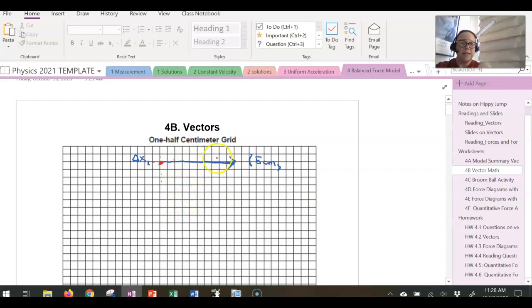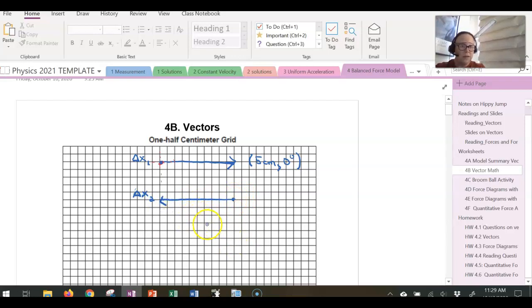This vector is sitting on top of the positive x-axis. Therefore, the angle here is 0 degrees. What if, let me draw another displacement vector. This one is going to be 5 centimeters long, but it points to the left.